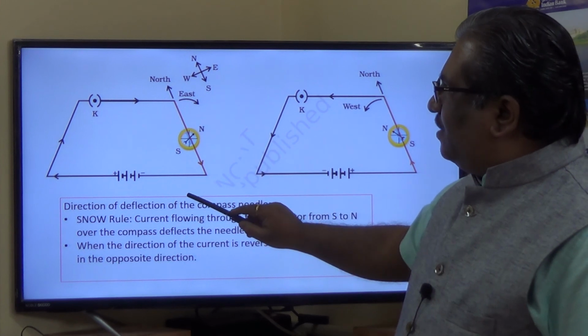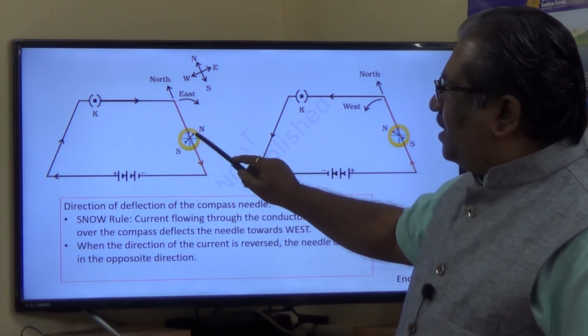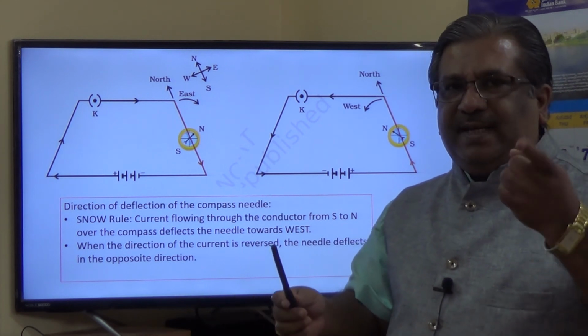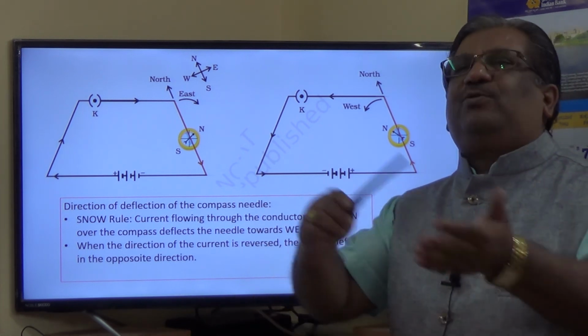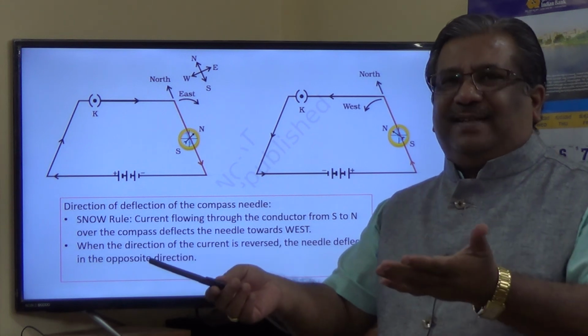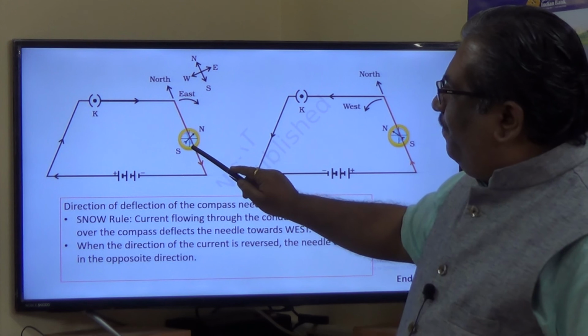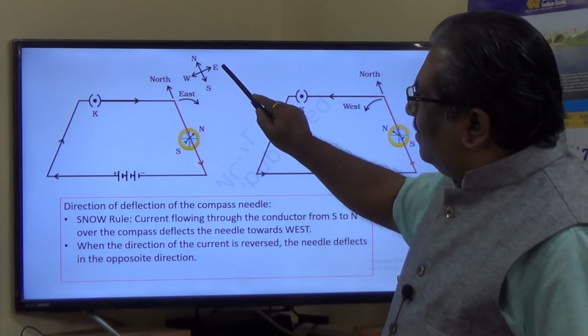Where do you expect this magnetic compass needle to move towards? North to south, towards the east, because SNOW is south to north towards the west. North to south is the opposite direction, east. Therefore, this is east here.